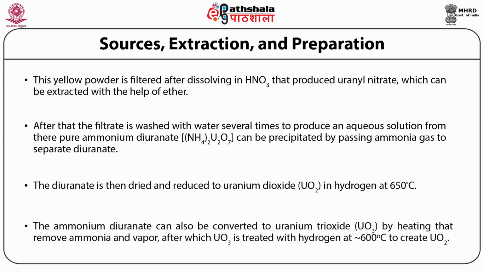The ammonium diuranate can also be converted to uranium trioxide by heating that removes ammonia and vapor, after which uranium trioxide is treated with hydrogen at approximately 600 degrees Celsius to create uranium dioxide.